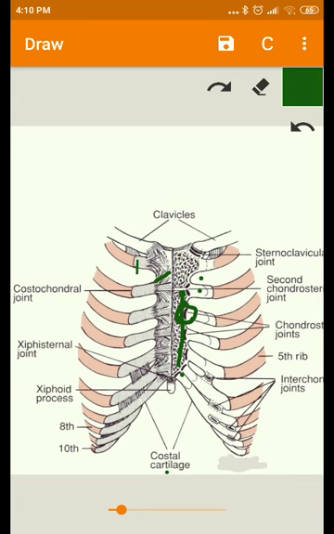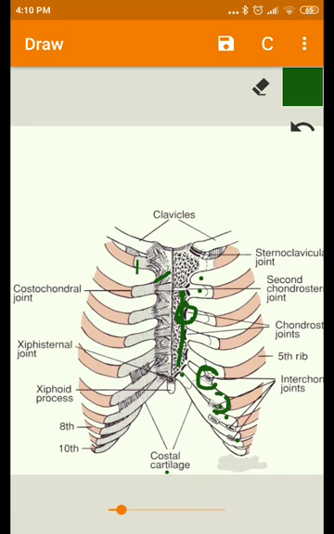Here in this picture you can see from the 5th to 9th, all of them, the 5th, 6th, 7th, 8th and 9th, will have the interchondral joints.